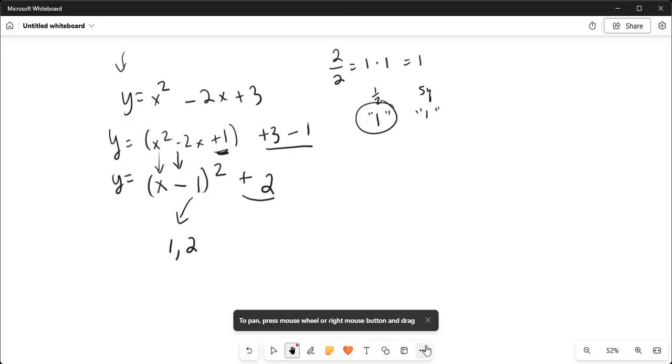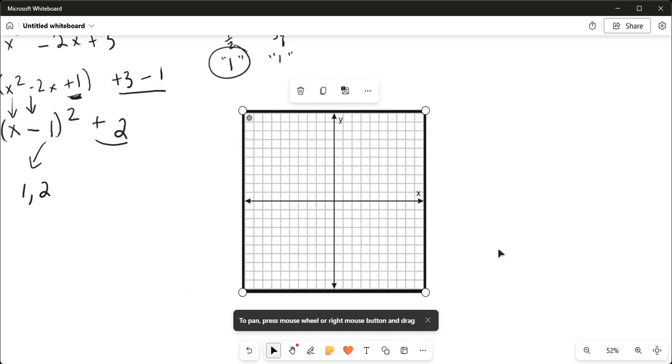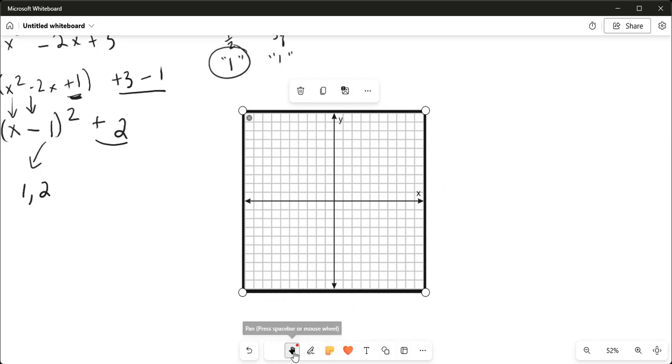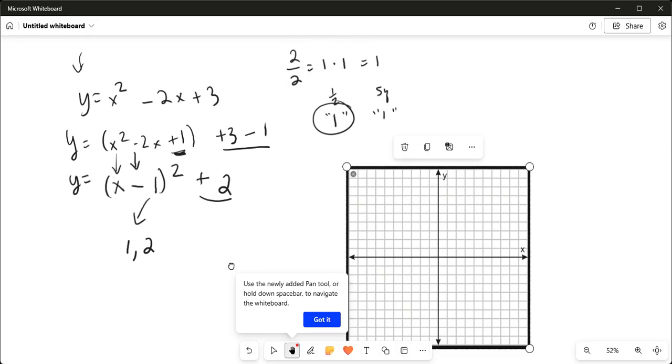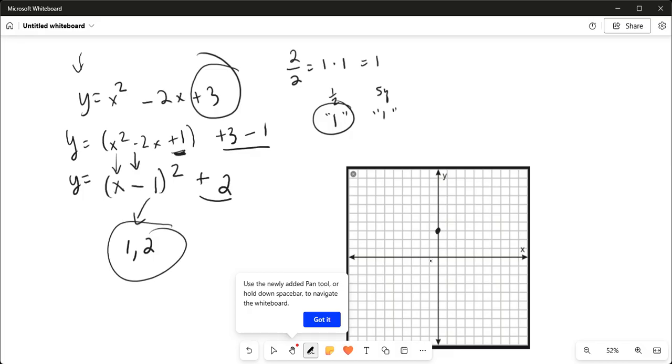Right, now we're going to graph this. This parabola is going to open upward because it's positive. And we're given that this is the y-intercept, plus 3. So we know that's one of the points. So 1, 2, 3, that's 1 point on the parabola. The vertex is 1, 2.